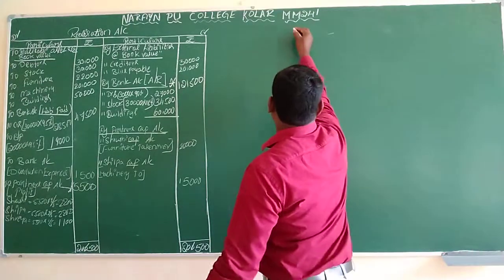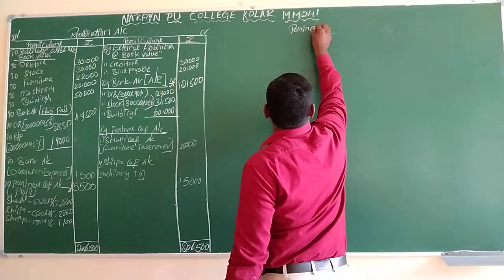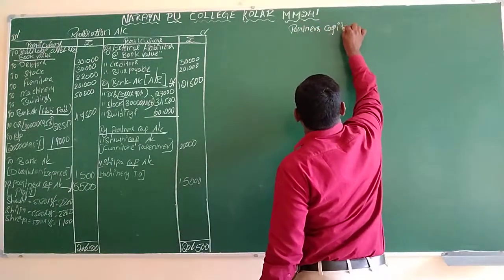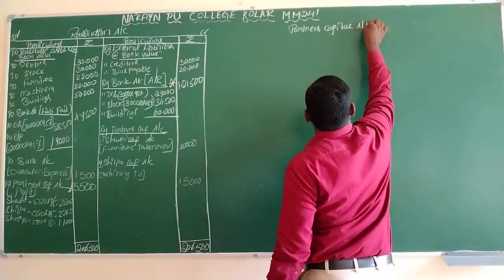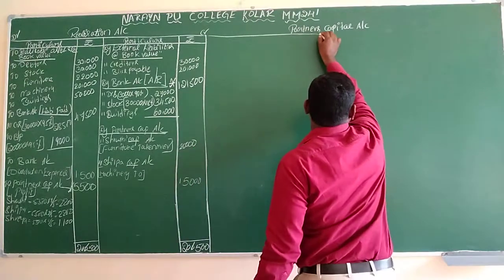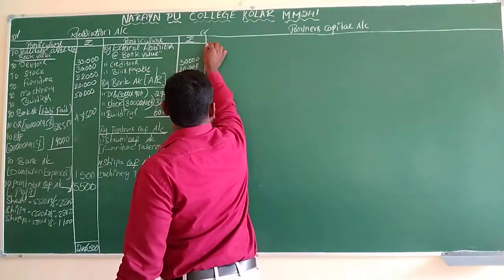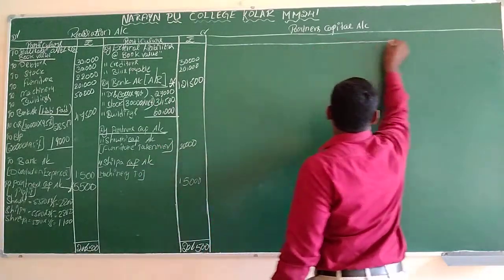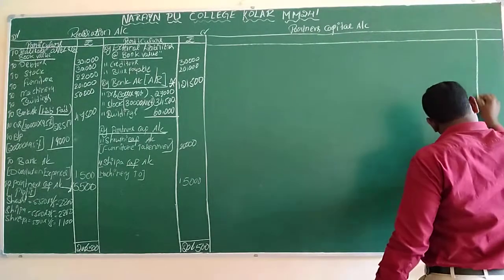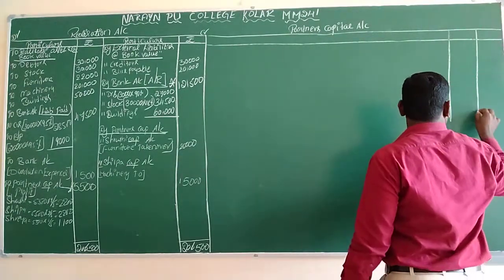So we will draw the columns for the second account, that is the partners capital account. And we will draw the columns for this. So we have three partners. We will draw the columns for three partners as per convenience.